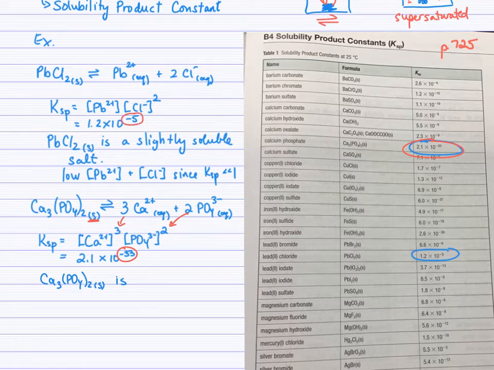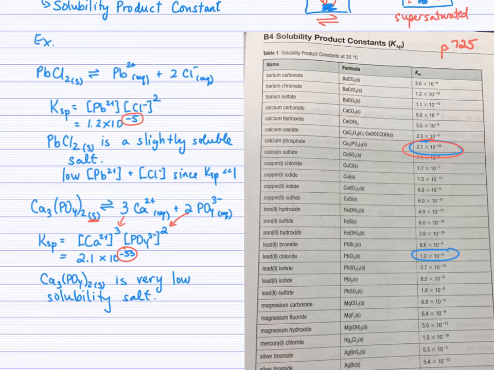So lead 2 chloride was a slightly soluble salt. What would you say about the calcium phosphate? The fact that the product of these ions is so low, the answer when you multiply the concentration of the ions is so low, we would say that this is a very low solubility salt.